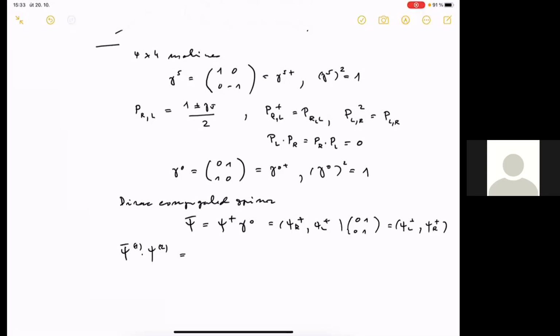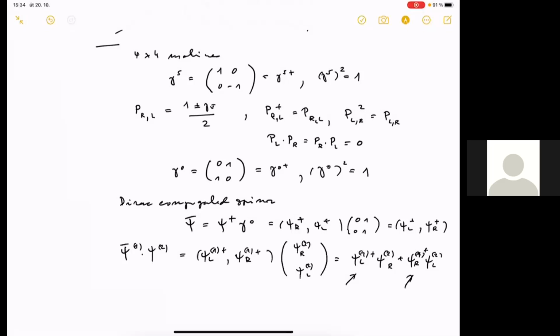So calculating this, we obtain just psi L1 cross, psi R1 cross, times a column psi 2 R, psi 2 L, and simply the result is psi 1L cross times psi 2R, and we already know that this is invariant, plus analogously psi R1 cross times psi L2, and this is also invariant.